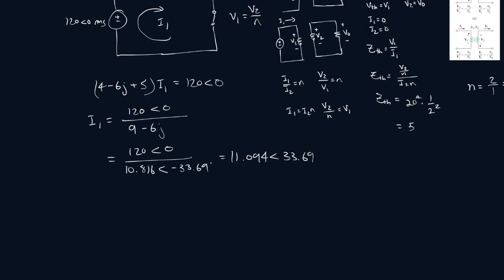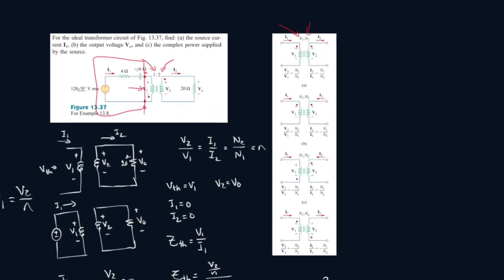Recall I1 over I2 is equal to N. But before we use this, we have to check this chart here. We look for the circuit that matches this region and the directions of current. This current is moving into here, and this one is moving out from here.